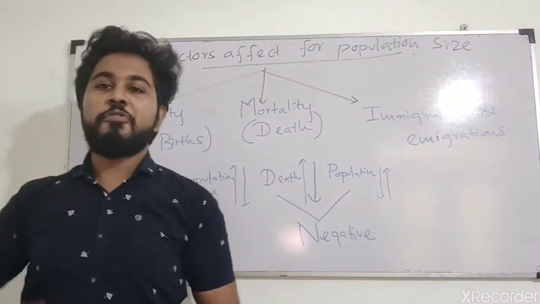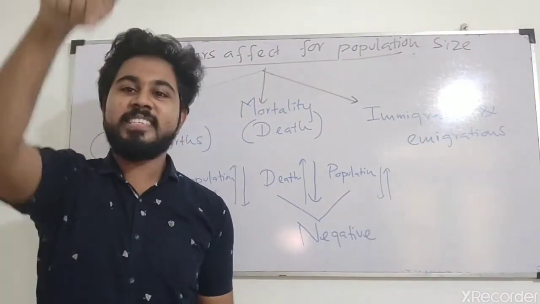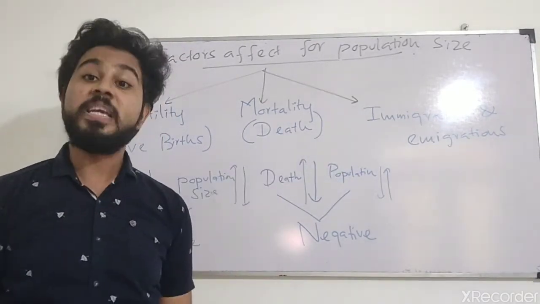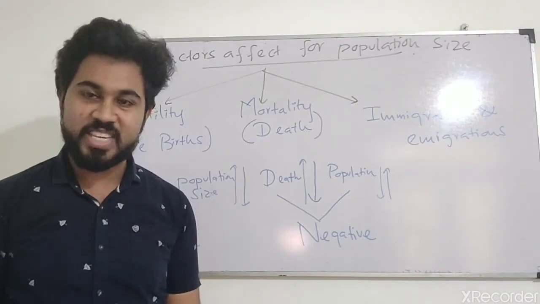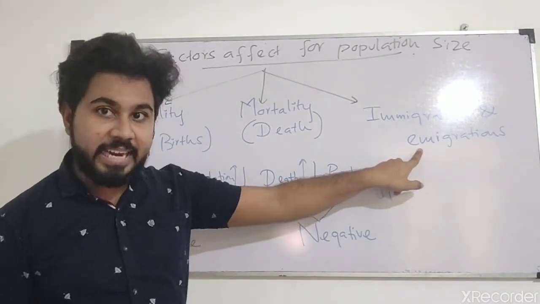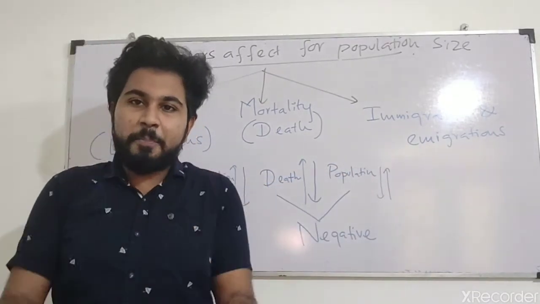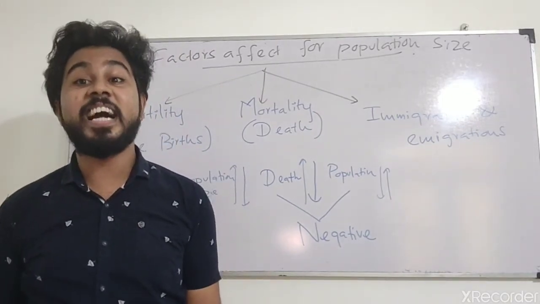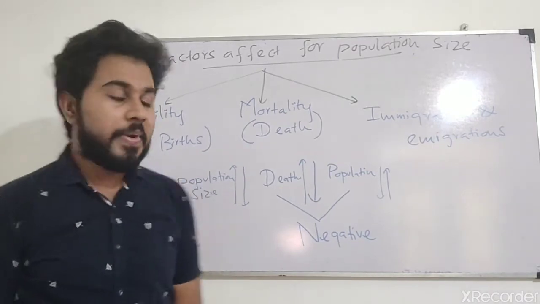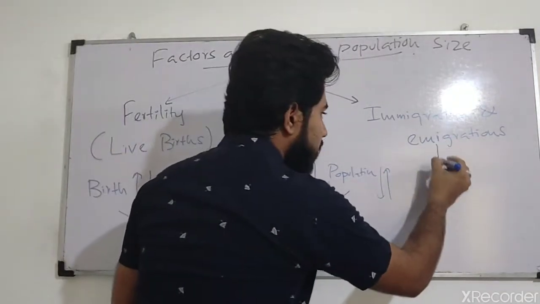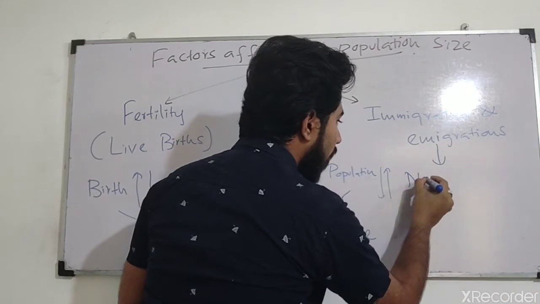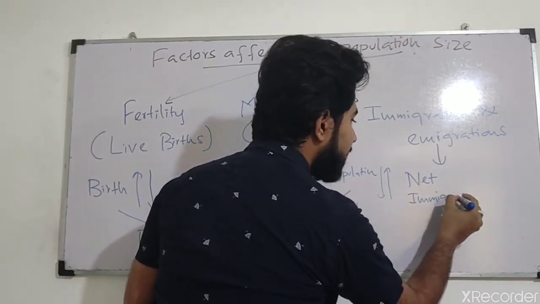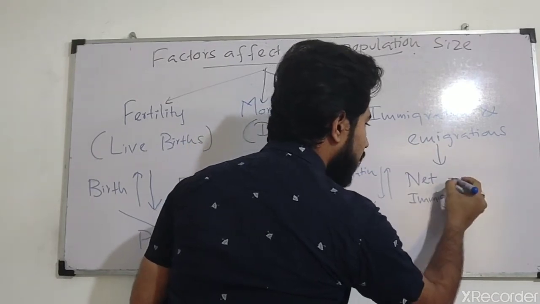Clear? So foreigners come in and establish permanent residence there. We call it immigration. But what is known as emigration? That is people in Sri Lanka going out from Sri Lanka and establishing permanent residence abroad. Clear? Right. So through this we can generate a concept called net immigration.